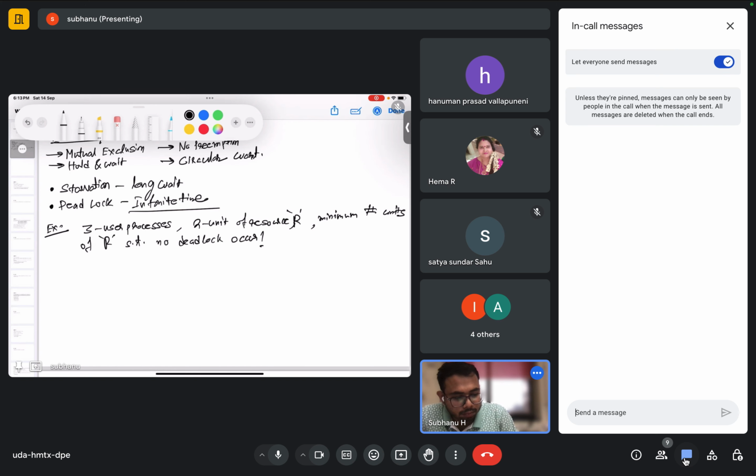You have P1, P2, P3, the three user processes I have mentioned, and a number of resources. What is the minimum number of units of R required to finish the processes such that no deadlock will occur?